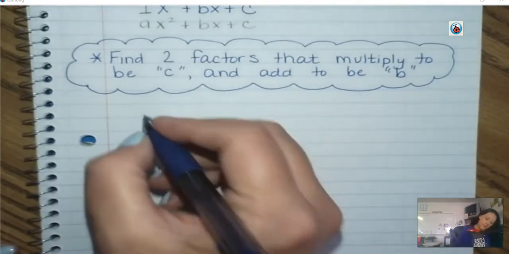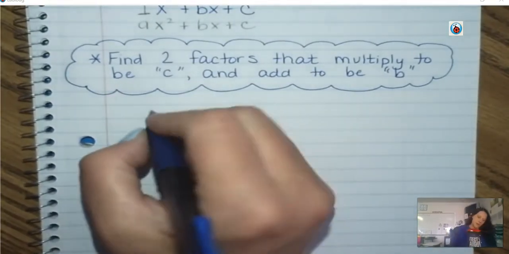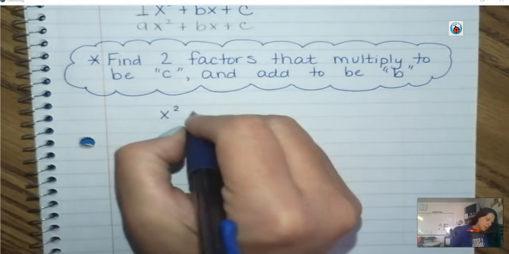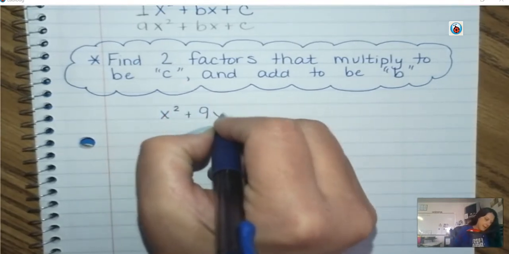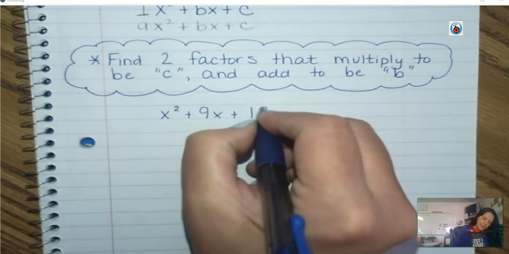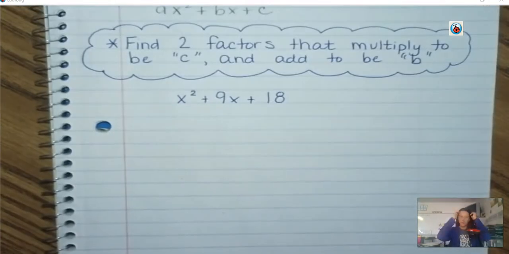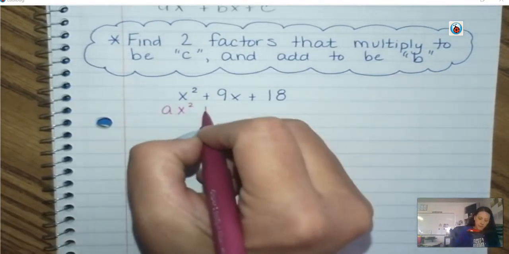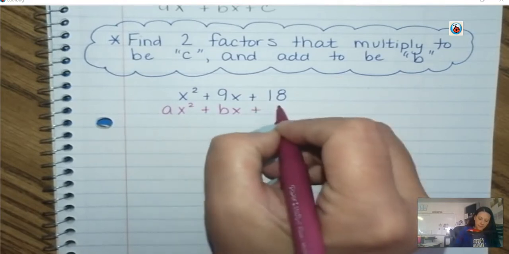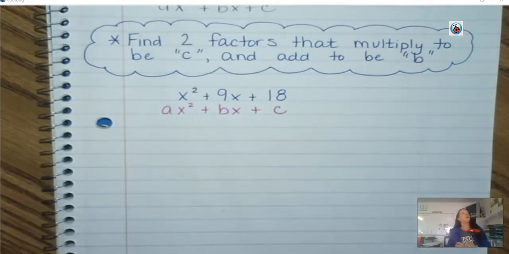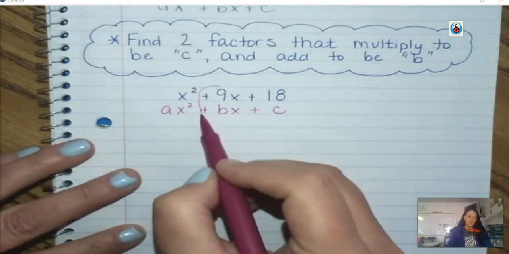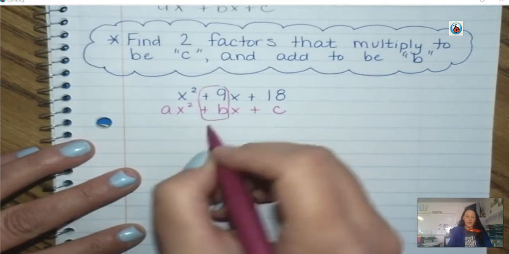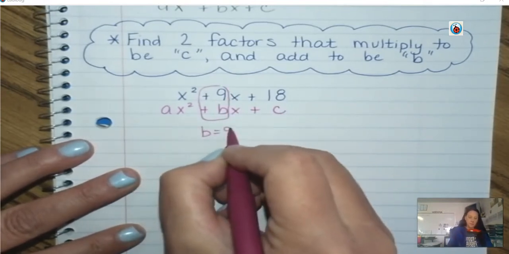Okay, for example, if we're using x squared plus 9x plus 18, this is ax squared plus bx plus c. Your b value is the number in front of the x, so b is 9.